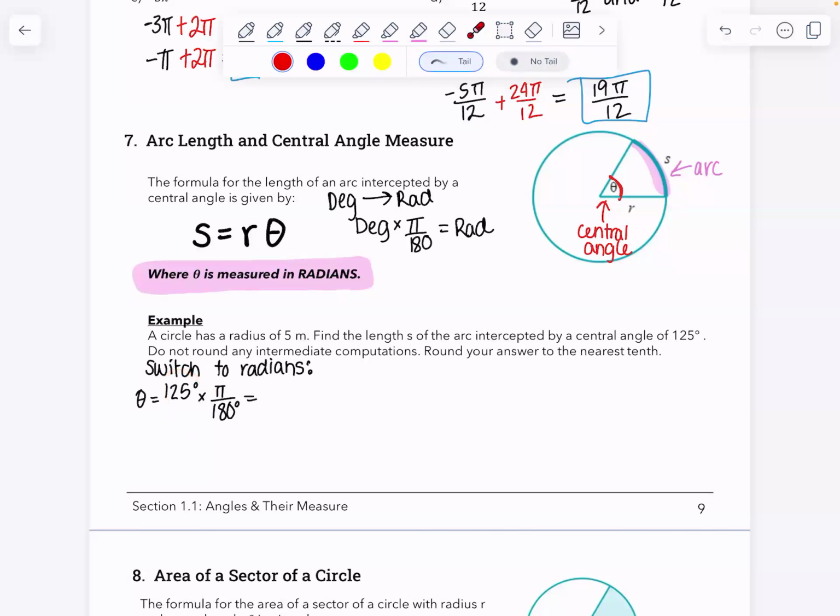Now, if your calculator will give you a decimal number and won't keep the pi involved, then just do 125 divided by 180, which is what I did on a calculator just now, and you'll get 25 over 36. So 25 pi over 36. Or you could just leave it as 125 pi over 180. That's what your angle is. That's the angle. Boom.